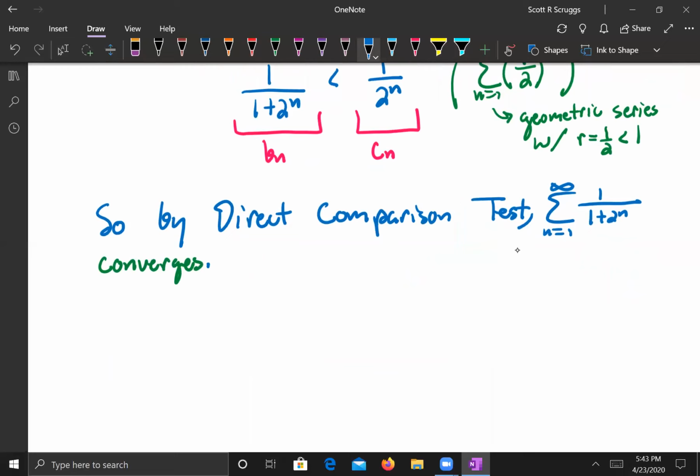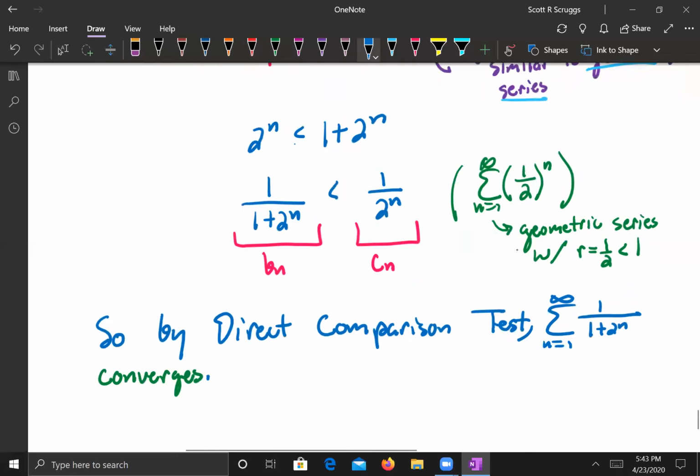So I now know that this series is convergent by direct comparison test.